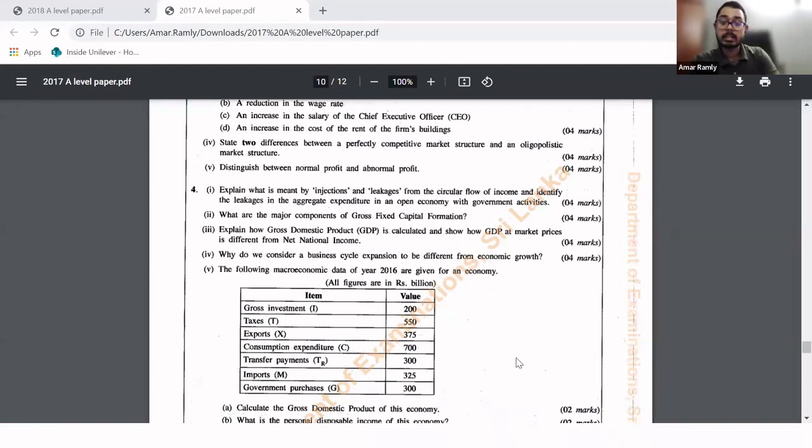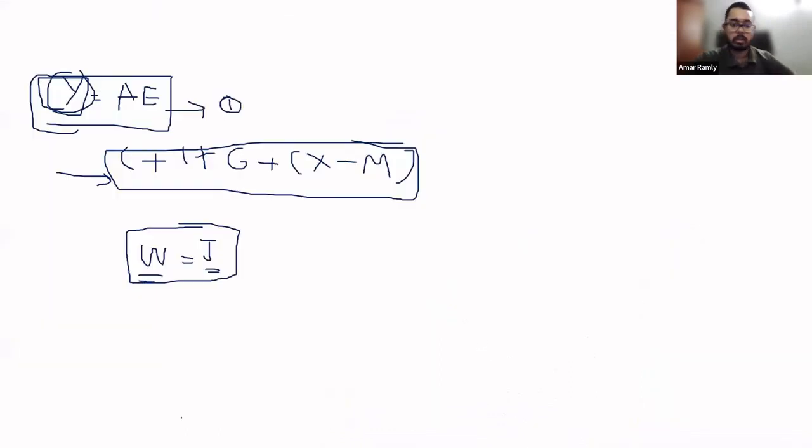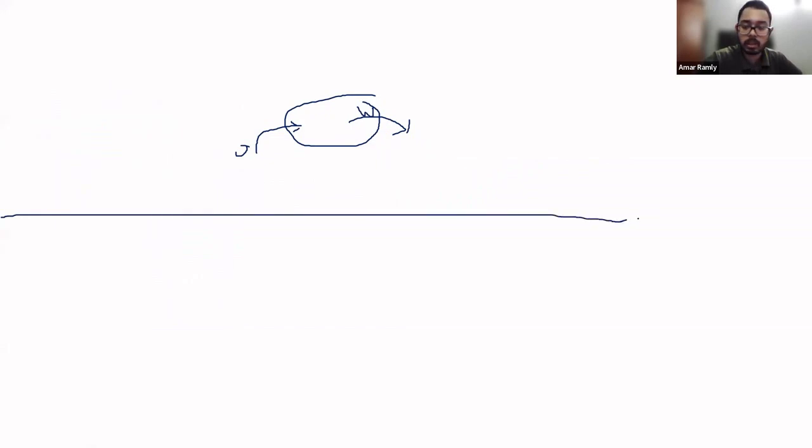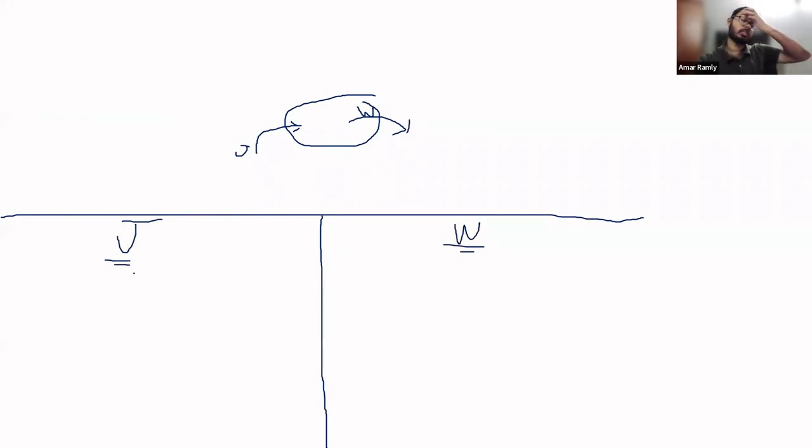Okay, righto. So guys, injections and withdrawals, essentially. If you have your circular flow here, injections are anything that comes in, denoted by J. Withdrawals are anything that goes out, denoted by W. When it comes to your injections and withdrawals, guys, this is when you're dealing with a two sector economy and then you expand it to three sector, four sector.